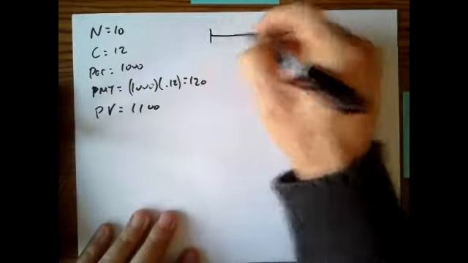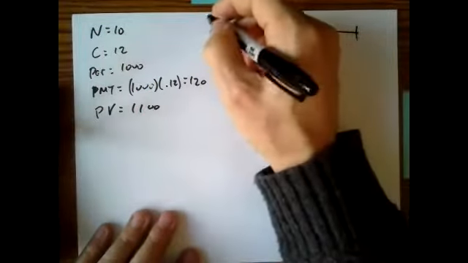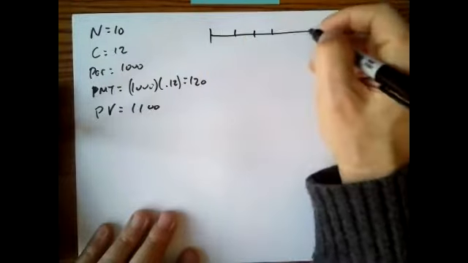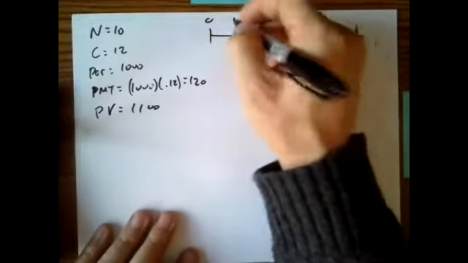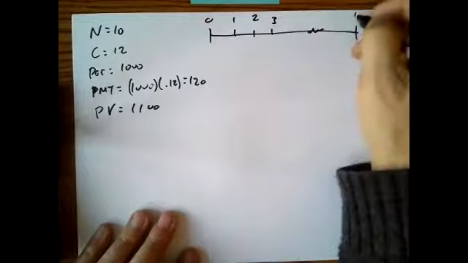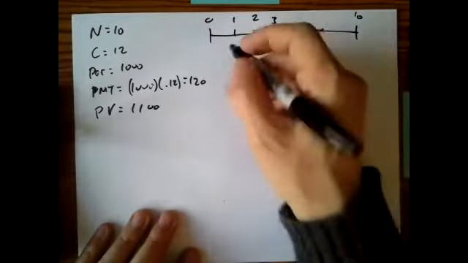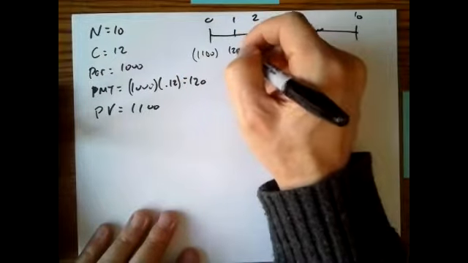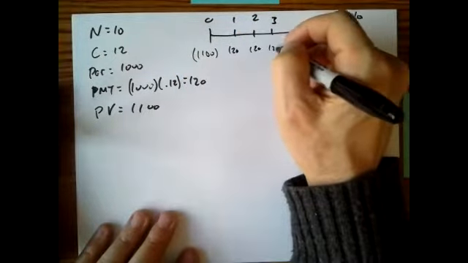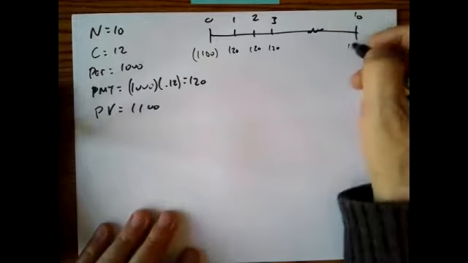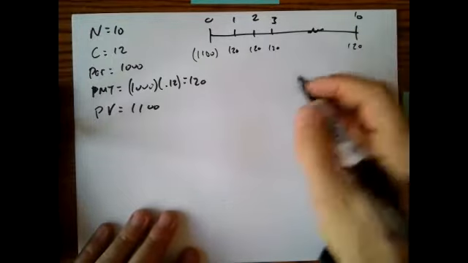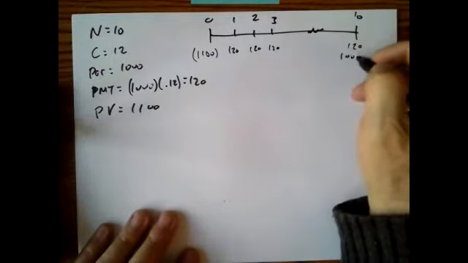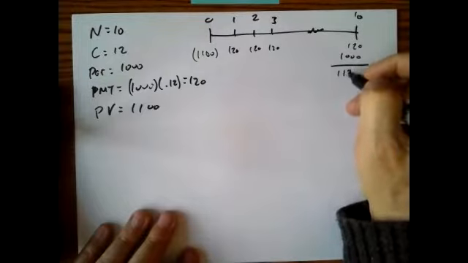So if we draw out what this looks like, we have 0, 1, 2, 3, out to 10, where we are going to pay $1,100 for the bond. We're going to get 120, 120, 120, 120, out to year 10, plus we get our par payment at the end for a total of 1,120.